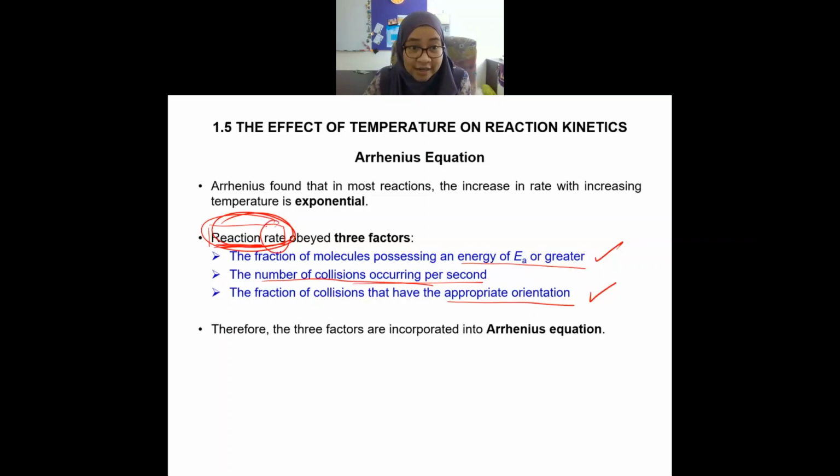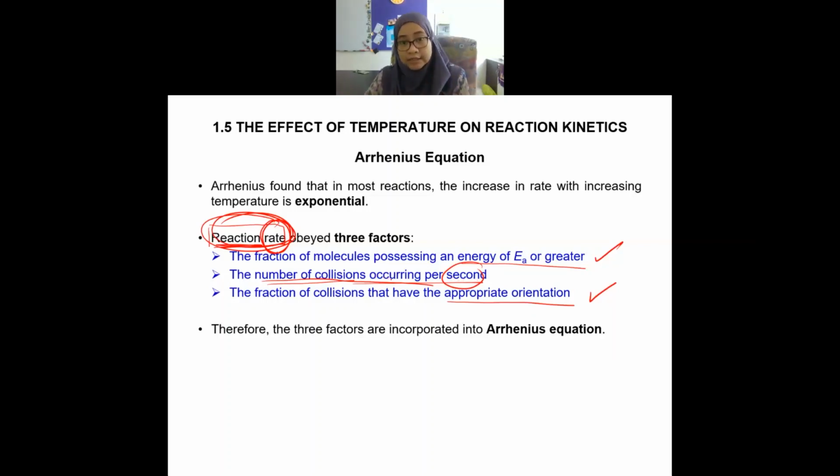Because rate is always something to do with time. So the rate also depends on the collisions occurring per second, per time. When more collisions occur per time, the reaction rate will be higher.